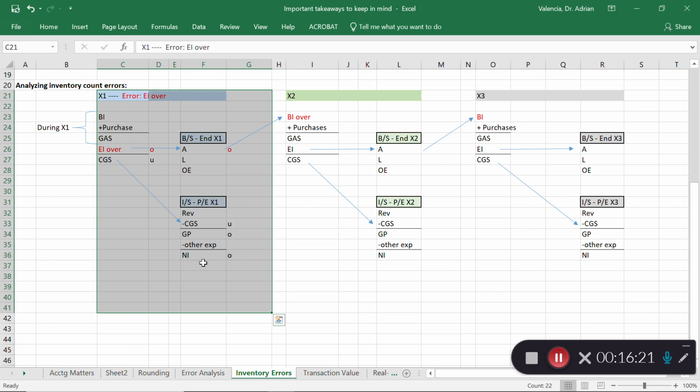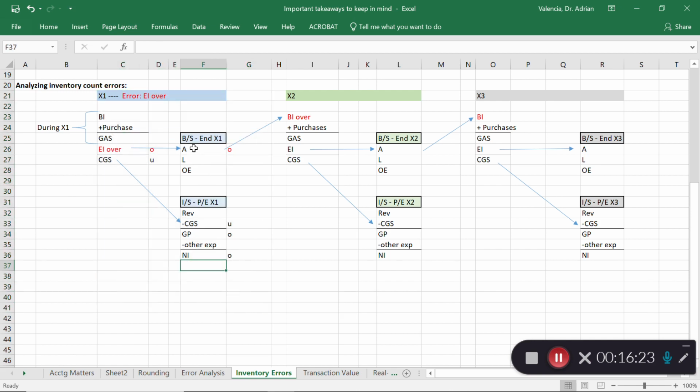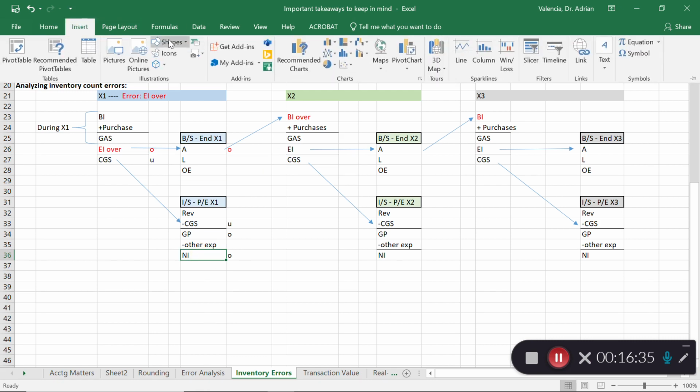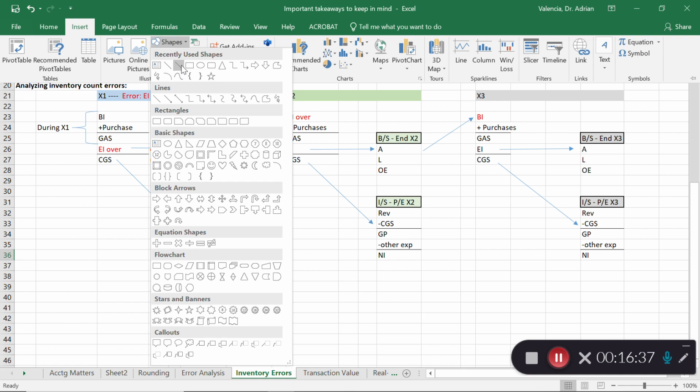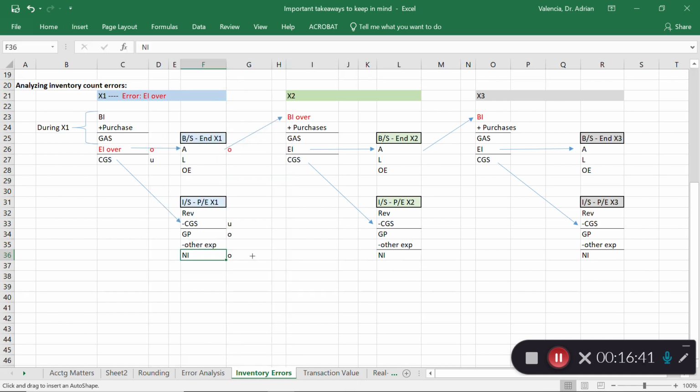Now, some of you may be thinking, well, if assets are overstated, how does that balance the balance sheet? Well, keep in mind that this net income amount gets closed. Let me see if I can find some error that'll work. Keep in mind that this gets closed over here to owner's equity, right?